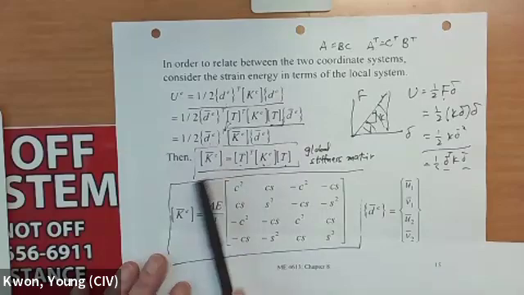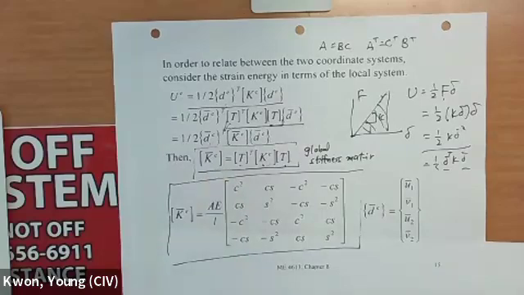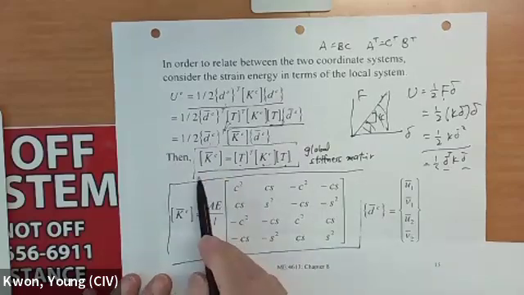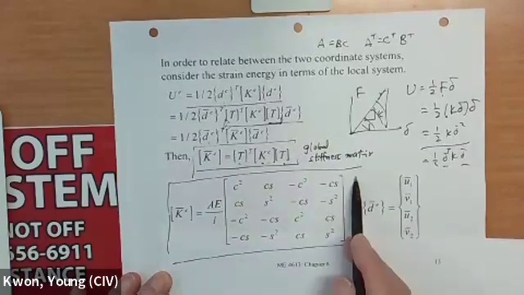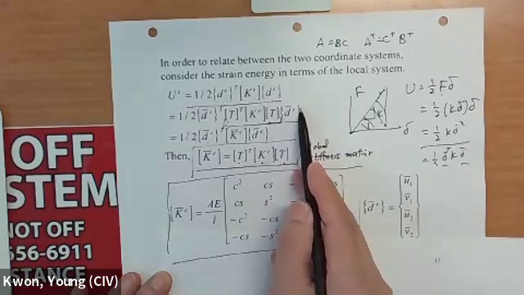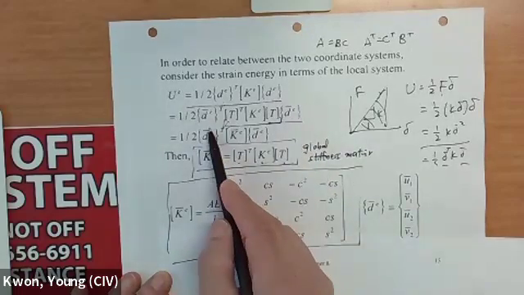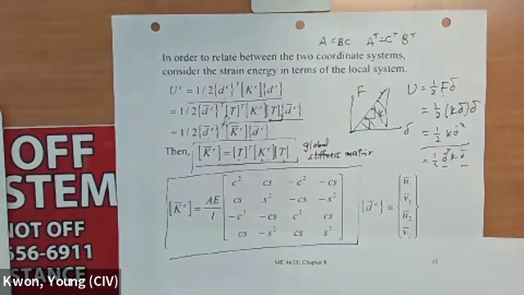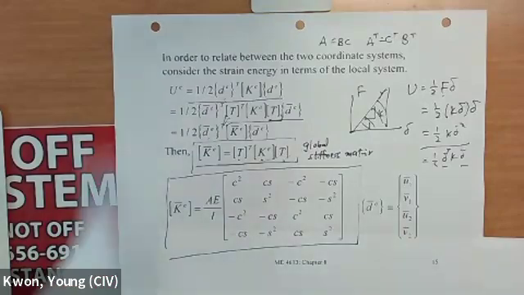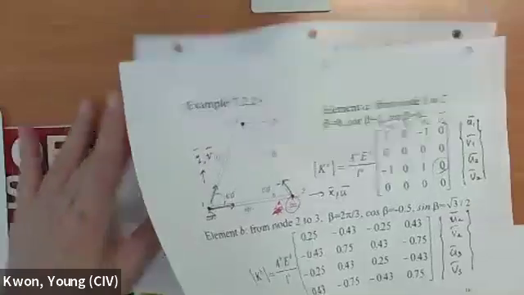Then eventually we express the stiffness matrix in terms of the global coordinate system, shown in this way, and our degrees of freedom are expressed in terms of the global coordinate system. Once you do that, we can add them together to find the system matrix. That's what we did in this example.